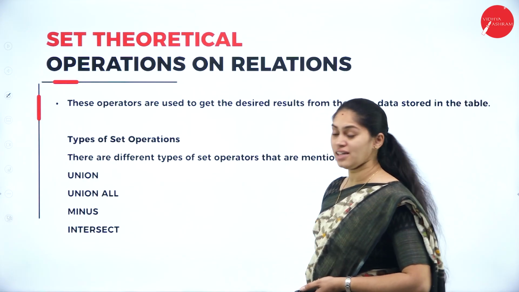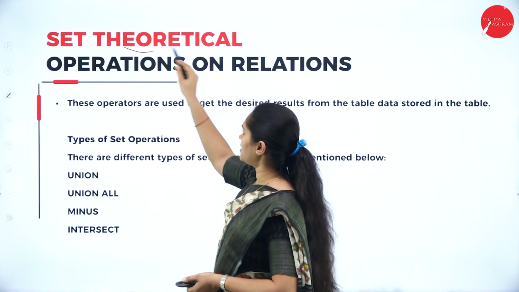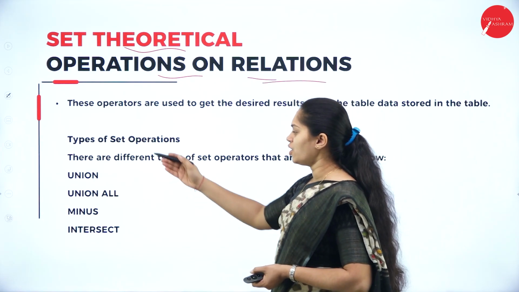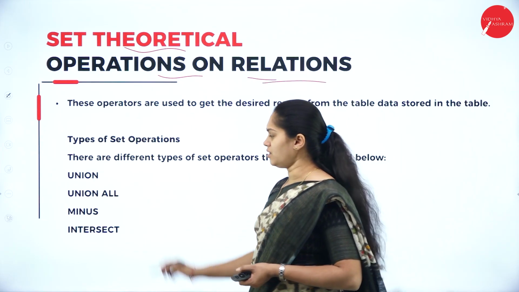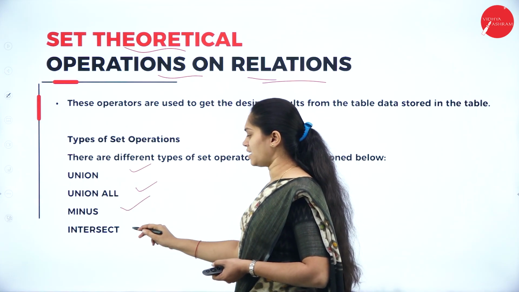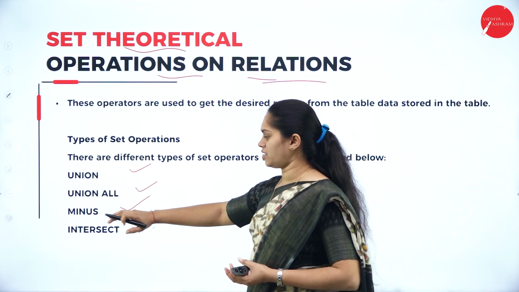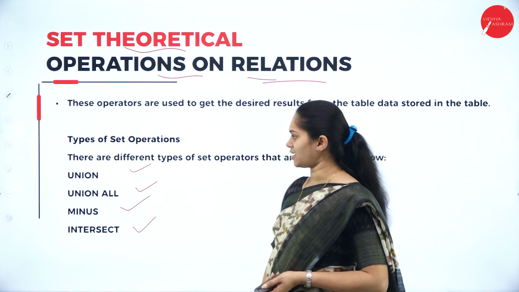Then here you can see the next concept, set theoretical operations on relations. Here we have 4 set theoretical operations: union, union all, minus and intersect. I will briefly explain union, union all, minus and intersect here.